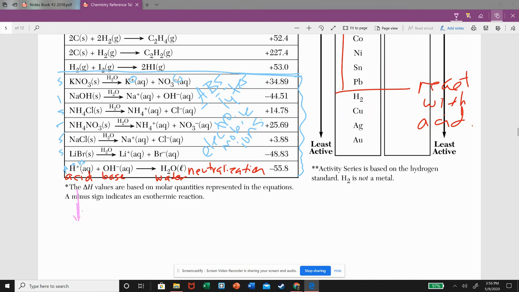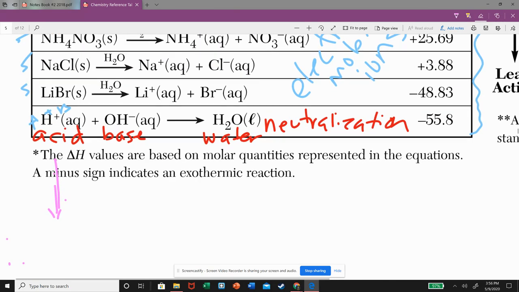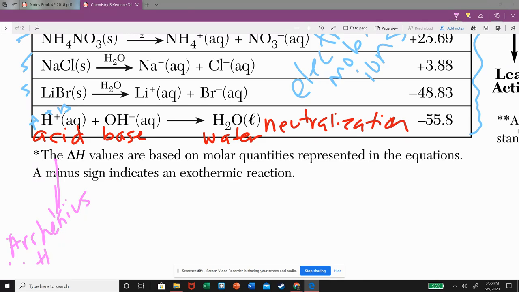So that is our Arrhenius definition. Our Arrhenius acid has the H plus as the only positive ion in solution.